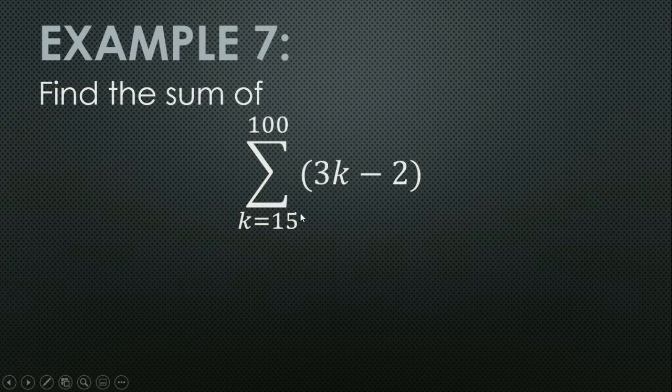Meaning the lower limit must be changed to 1, because we cannot use those formulas when the starting point, the lower limit, is not 1. So for the solution, watch this video.